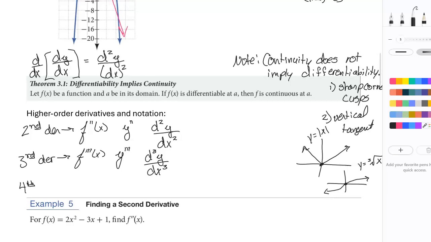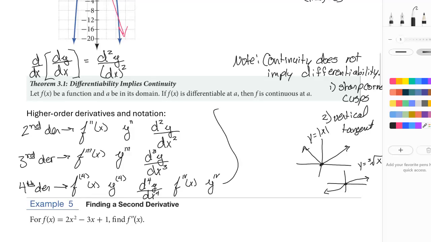Fourth derivative, you're going to start seeing that derivative notation in parentheses where you would expect an exponent. I have seen the fourth derivative written in terms of Roman numerals, but anything past that is going to use this notation here.